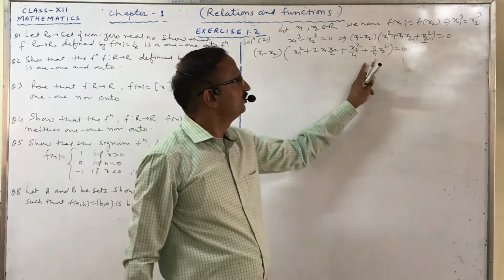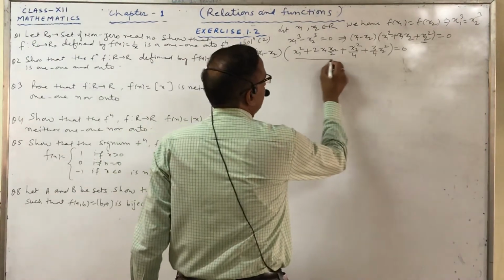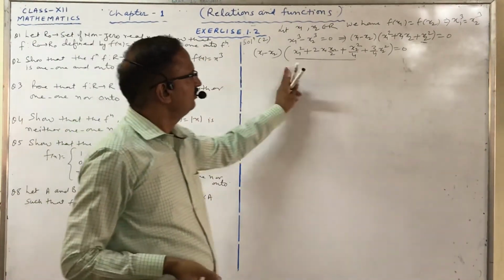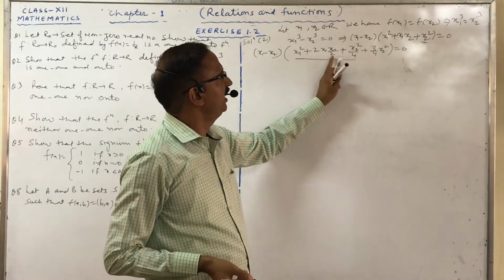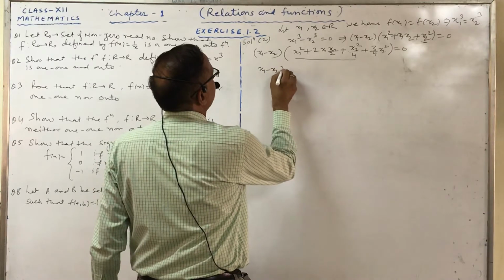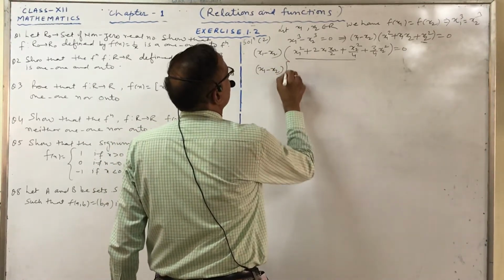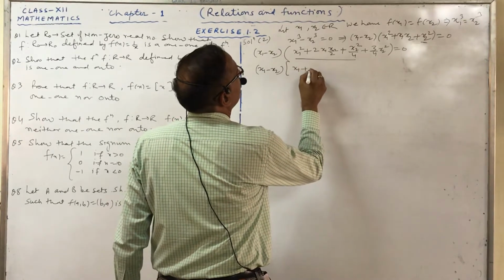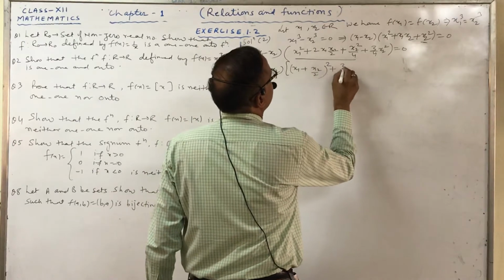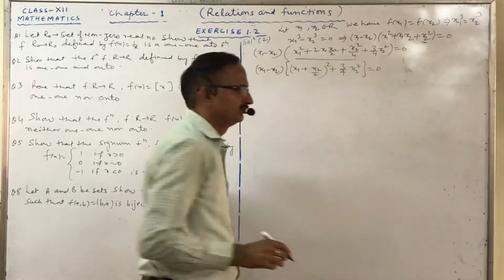When we add these two, we will get x2 square. Now, these three form an identity, that is a square plus b square plus 2ab. So we can write x1 minus x2, and this can be written as x1 plus x2 by 2 whole square, and this is 3 by 4 x2 square equals to 0.